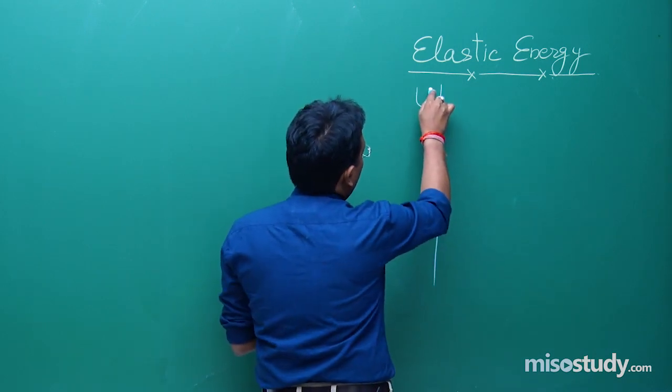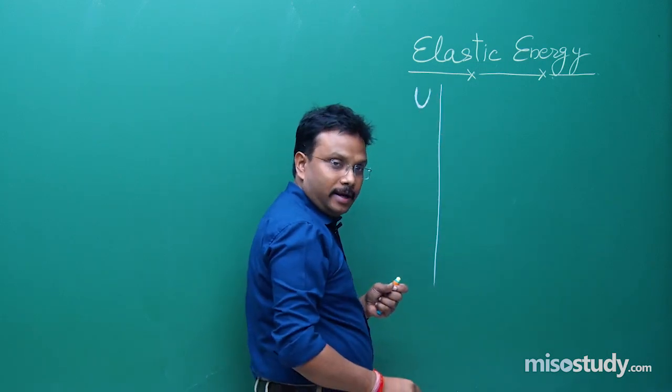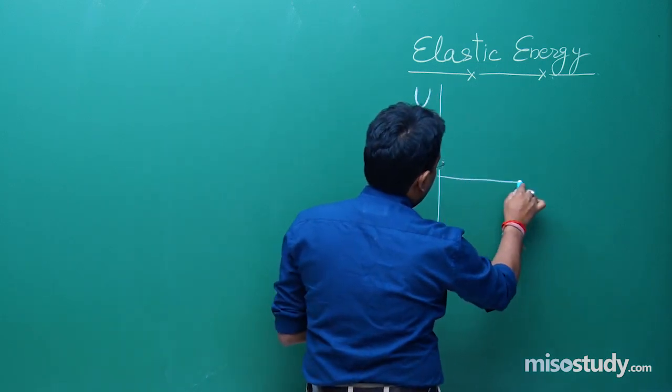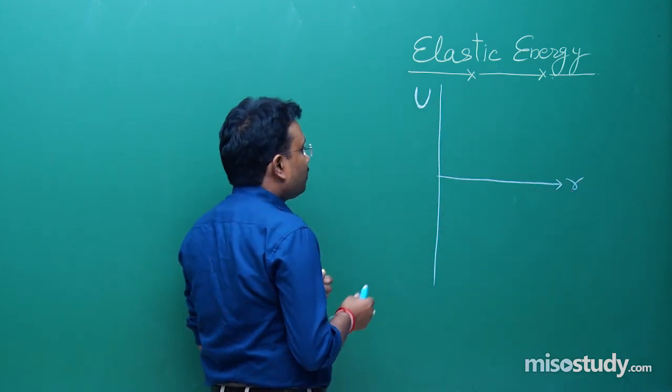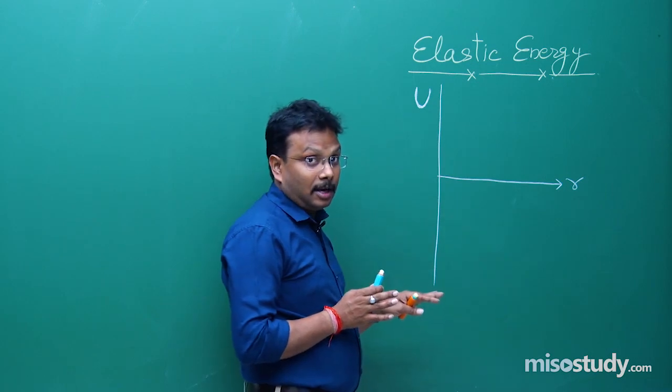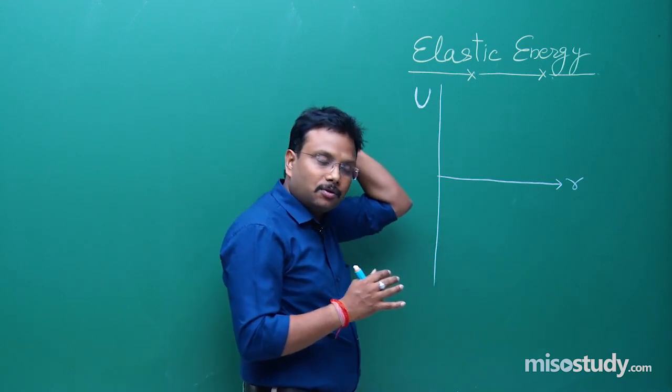It is U, energy, molecular energy. Fine. And this is distance r. In solids that we are discussing right now, there is a specific arrangement of molecules. Okay.